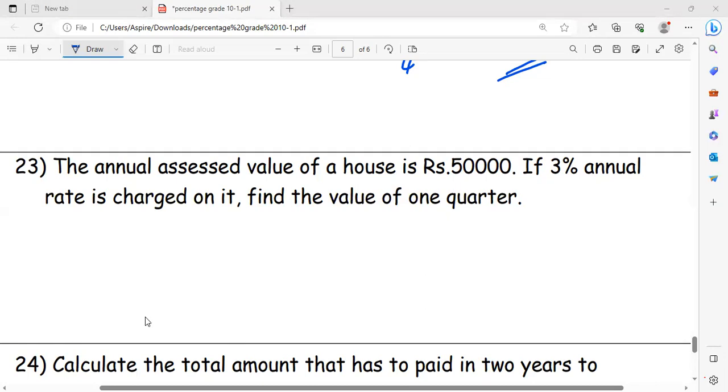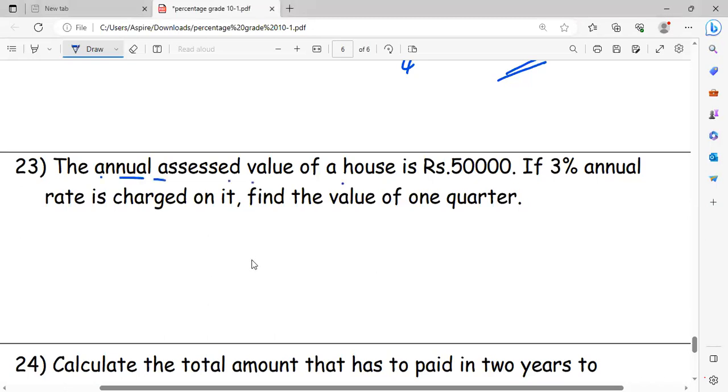Yes, how we calculate here? The annual assessed value of house is 50,000 rupees. If 3% annual rate is charged on it, find the value of 1 quarter. Okay. Then first of all, let's find the rates per year.